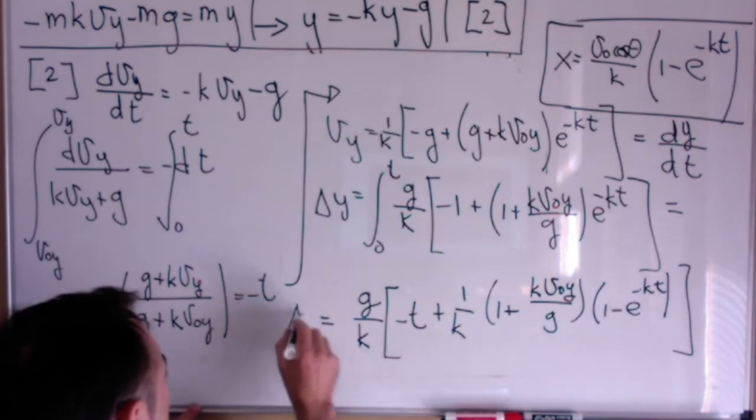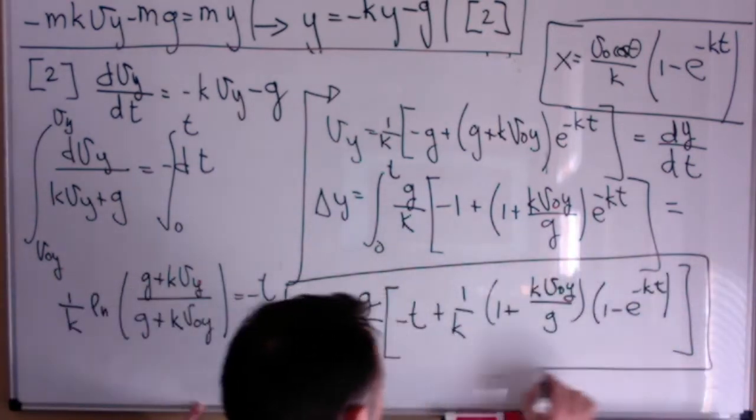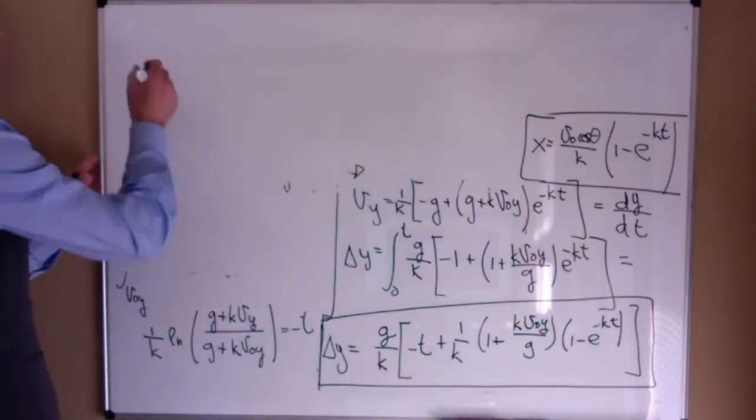So this is the y position as a function of time. Now we have the equations of motion for both axes.